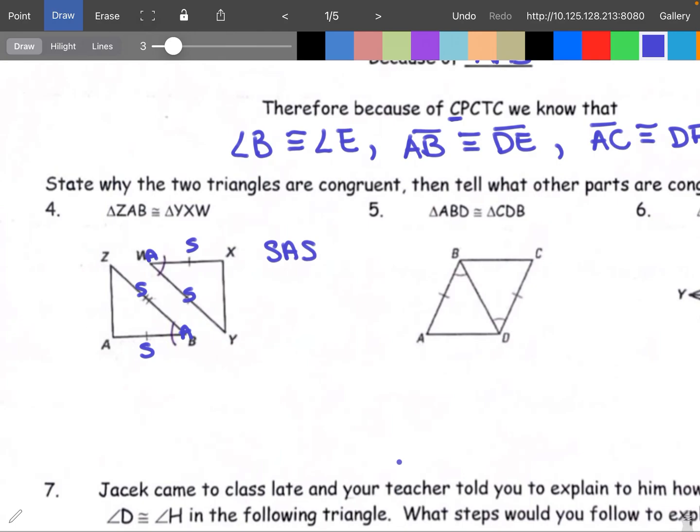And then what other parts are congruent? Well, I know that angle X is congruent to angle A. And I'm basically letting the other congruency marks guide me that way.